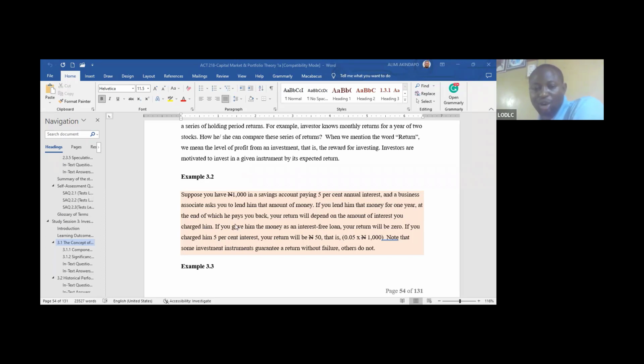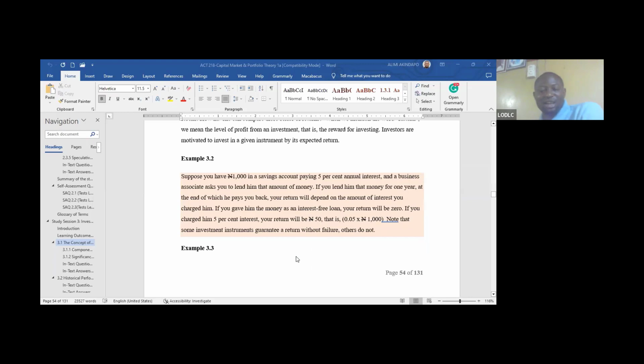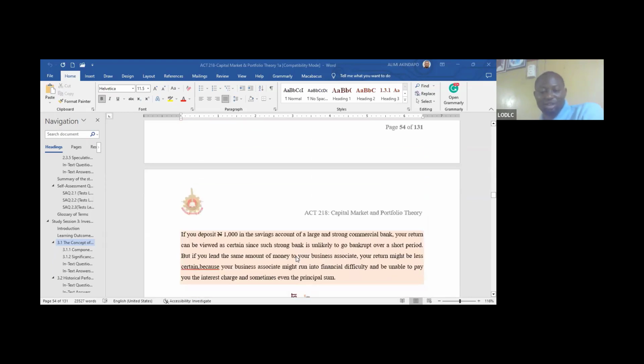So your return will depend on the amount of interest you charge him. If you give him the money as an interest-free loan, your return will be 0. If you charge him 5%, your return will be 50 naira. That is 5% of 1,000. Know that some investment instruments guarantee a return without fail. Others do not. So that is that about investment return.